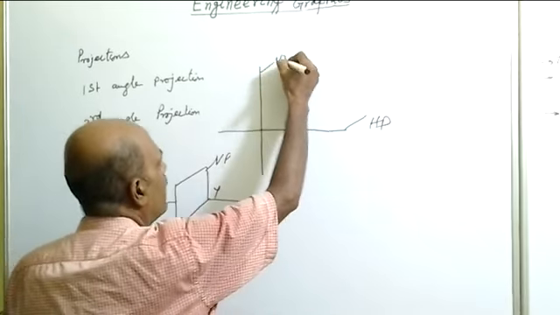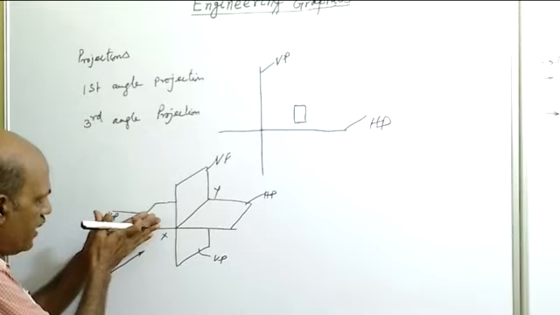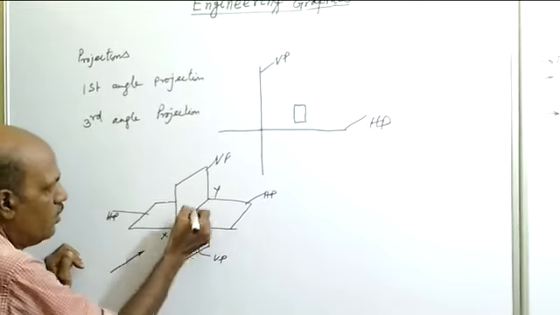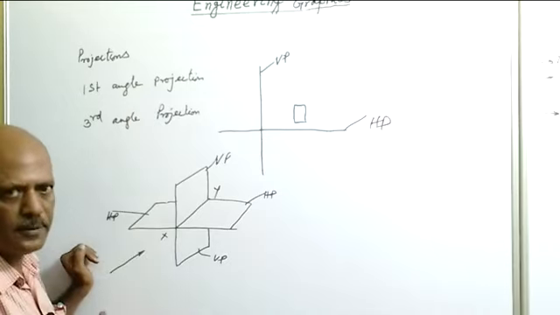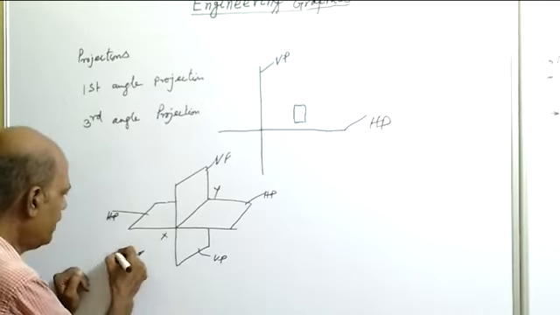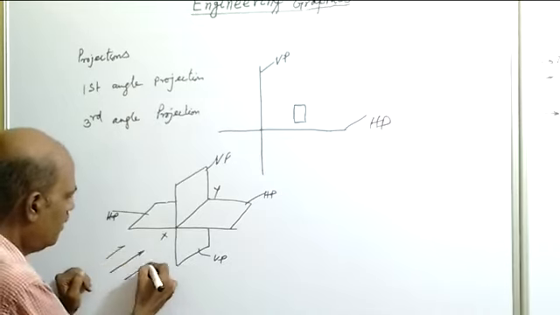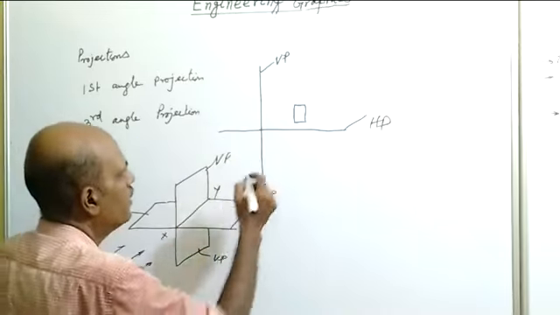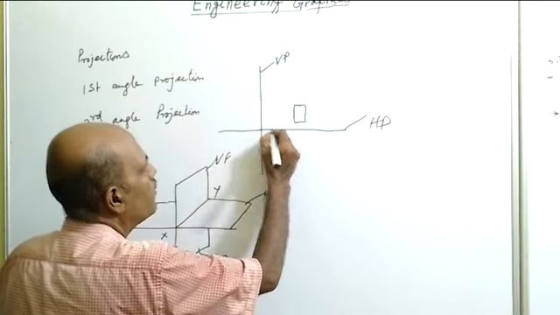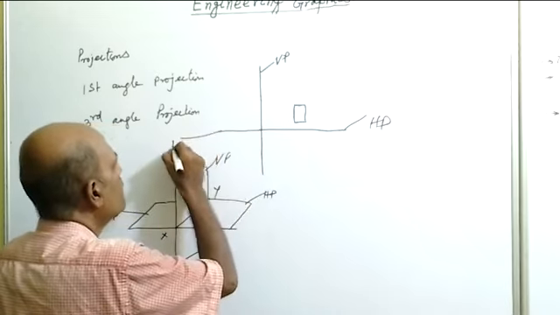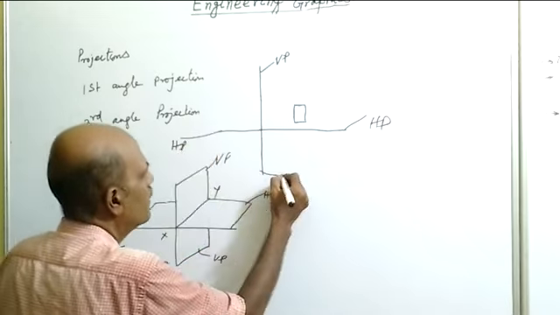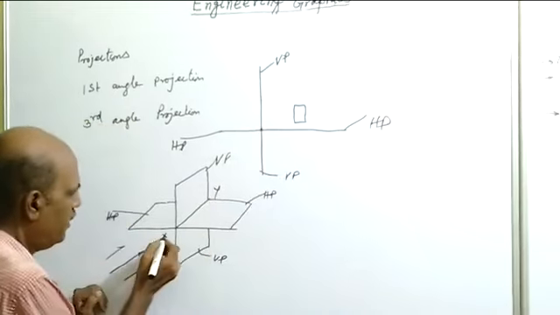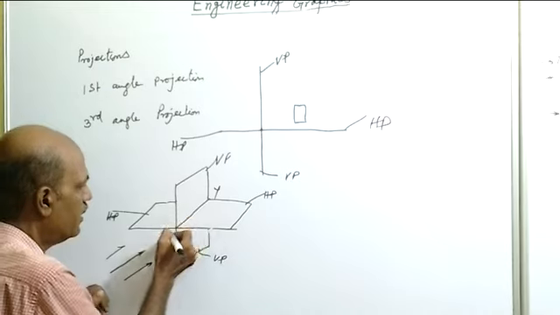So from this direction, at an angle of 90 degrees to this, or parallel to the XY line, if the beam of light is falling on this parallel to XY, then we can see this one as the HP, and this is also the VP. And this point indicates the XY line.